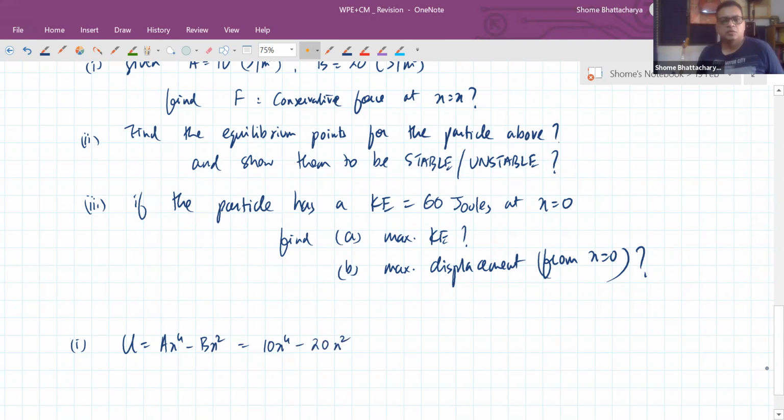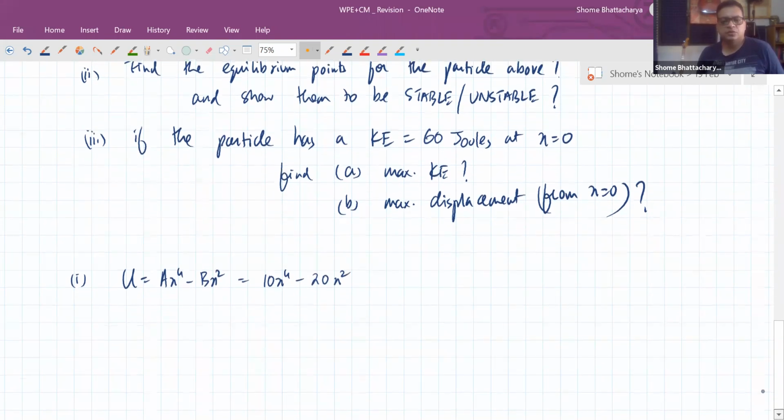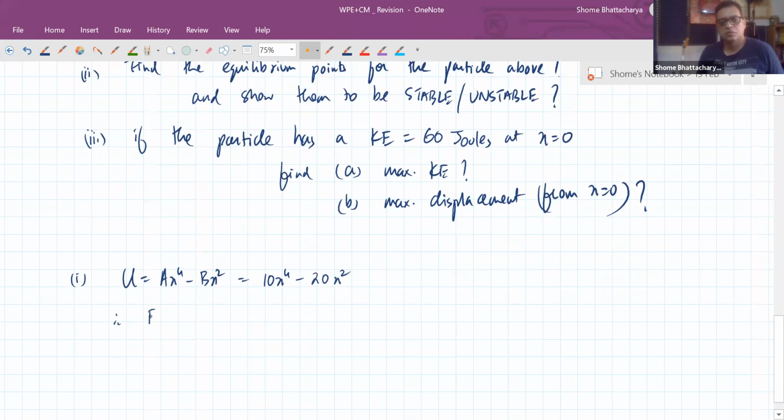So the internal conservative force will be given by this derivative. It is minus of the gradient of this function.